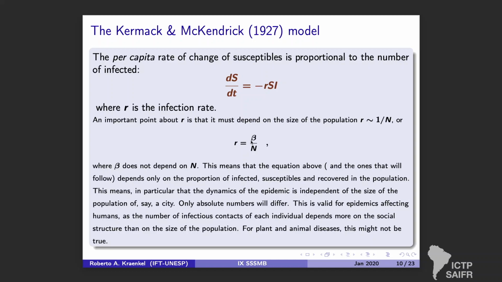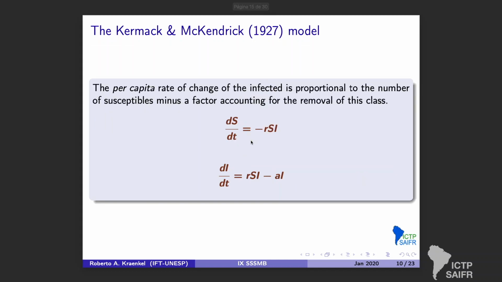So, okay, let's go for the equations. We have already written here the first one. I'm still using r, but remember, r is beta over n. And then I will say the following. Everybody that got infected, who was susceptible, goes into the compartment of the infected, with efficiency 1. So this is like Lotka-Volterra, because you have a minus sign here.